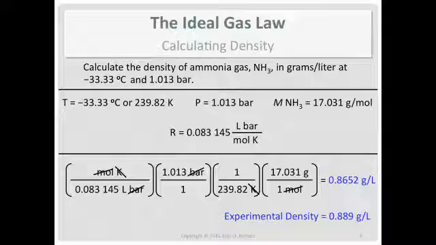Yeah, that's because there are other things going on with ammonia that cause it to be more dense than what the calculated value gives, which means, is ammonia an ideal gas? Well, we're going to treat it as an ideal gas in this class, but it's not always a good idea to depend only upon the ideal gas law when you're doing calculations for ammonia.